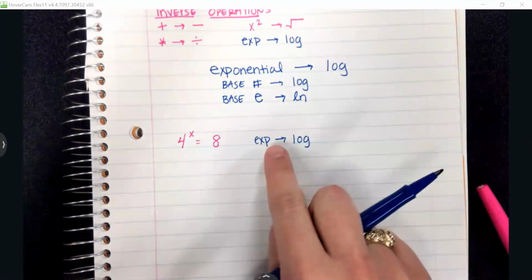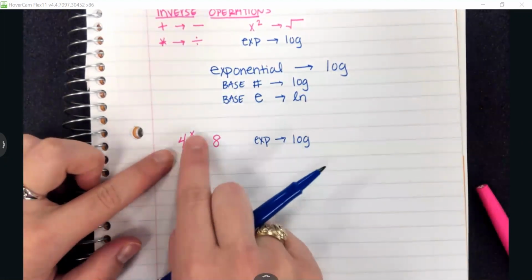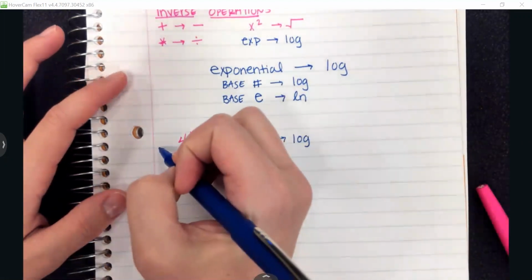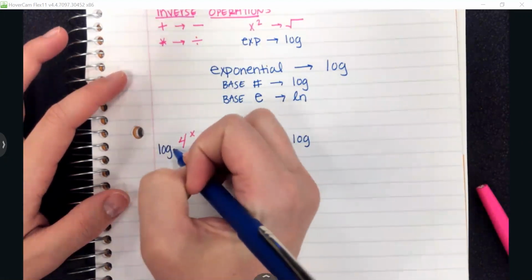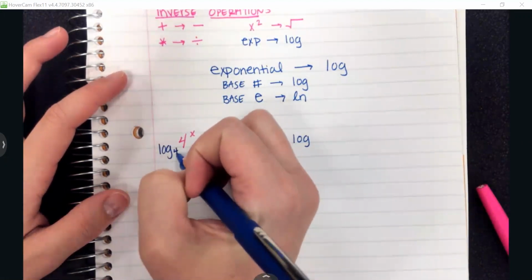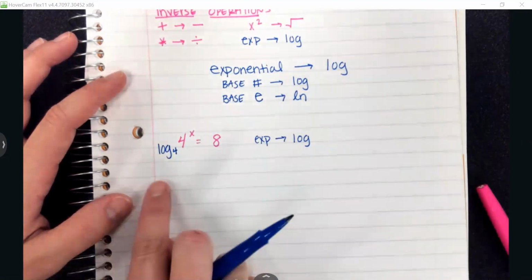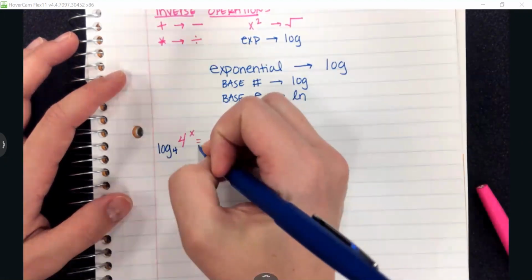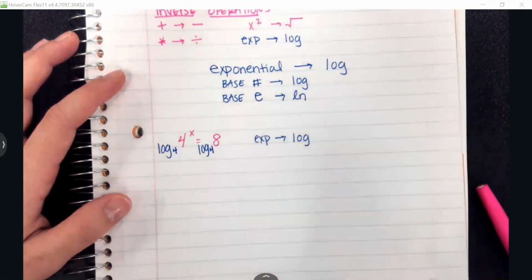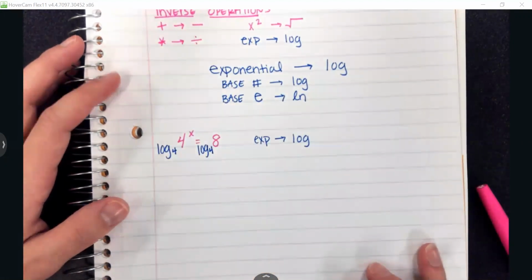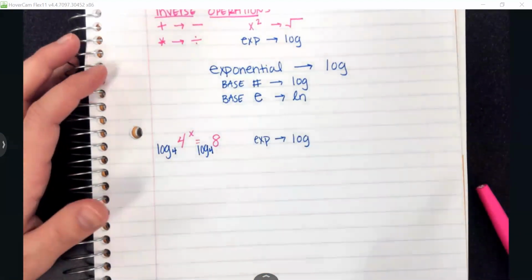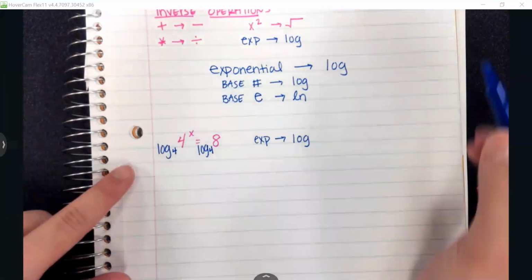So I'm going to undo an exponent by using log. So I'm going to have log with a base of 4. And if I do it on the left side, I have to do it on the right side. Log with a base of 4. Here's the important part.